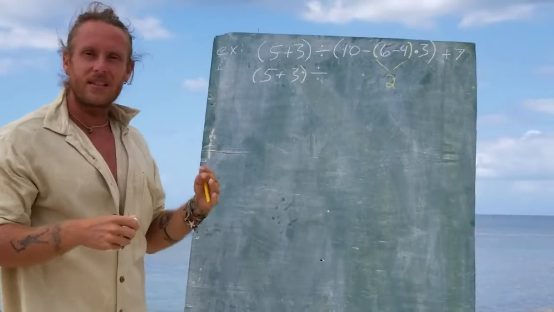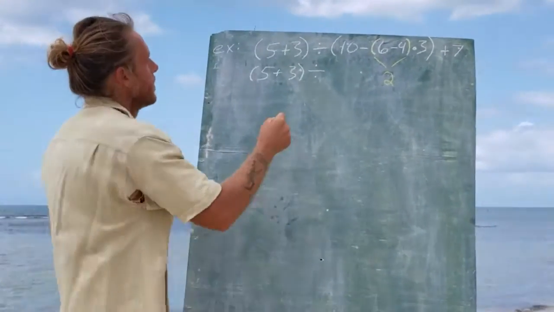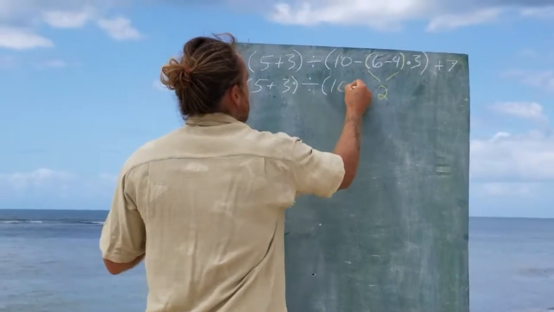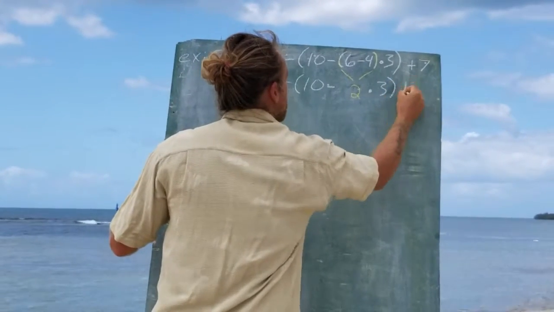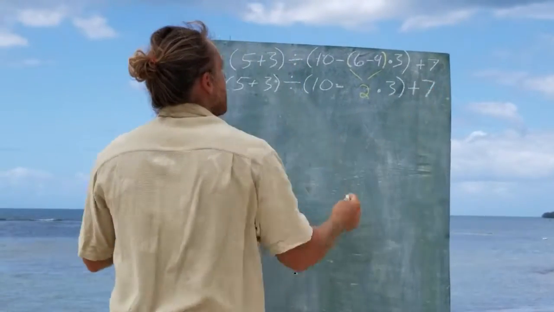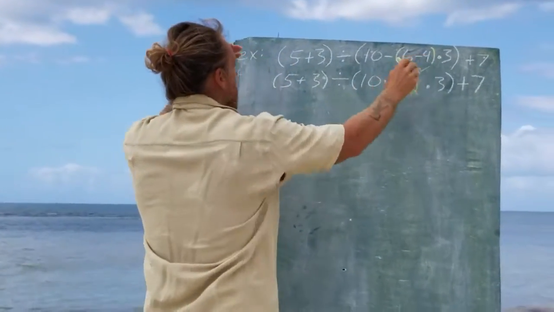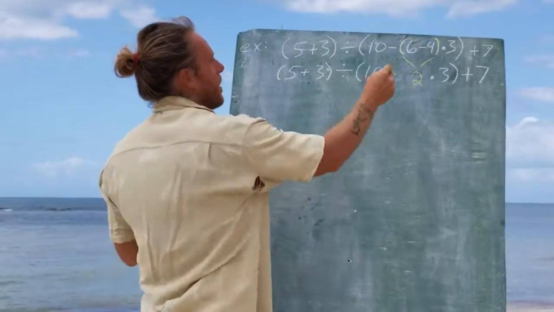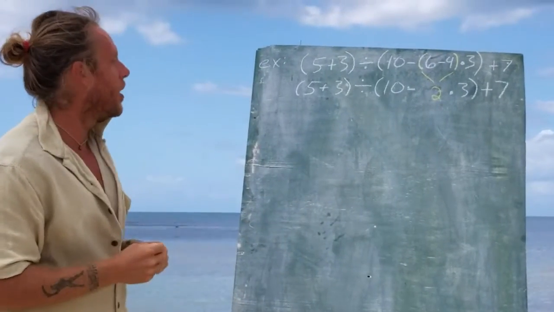I still do one step at a time, all of the time, because I'm less prone to make an error. Okay, so we have essentially the same original expression with the simplification of this parenthesis subtraction operation.